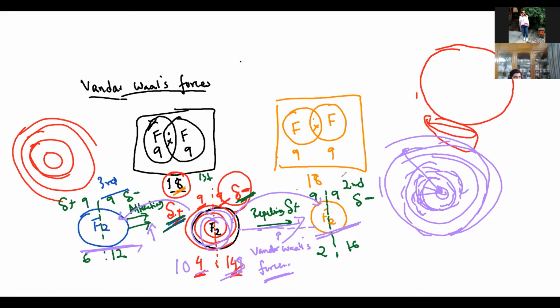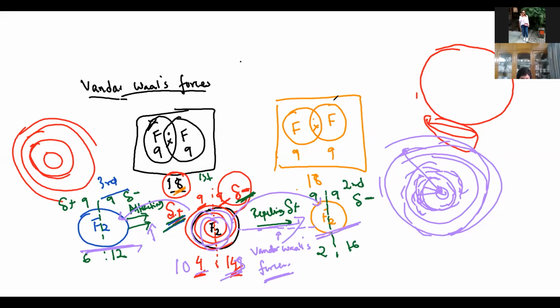So for some reason, while rotating around the nucleus, instantly or for a very small fraction of a second, there are more electrons on one side and less electrons on the other side. And due to this, they're inducing a force on their neighboring molecule. That's why this is known as induced dipole-dipole or instantaneous dipole-dipole.